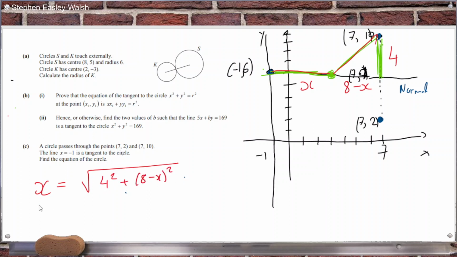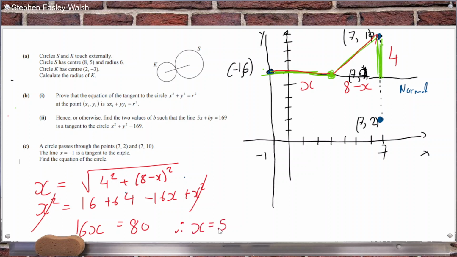Let's solve that. x squared equals 16 plus 64 minus 16x plus x squared. So they cancel, and I get 16x equals 80, which is good. Therefore x is 5. That would make this 5, and that would make this 5. And of course, you can see what's happening here.